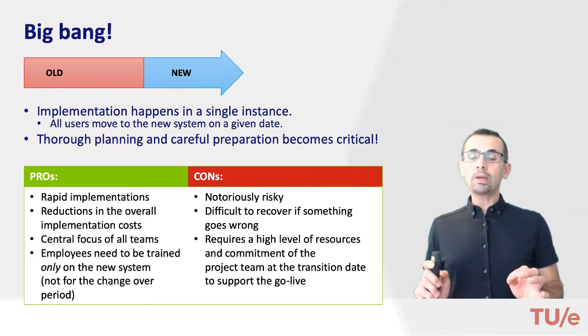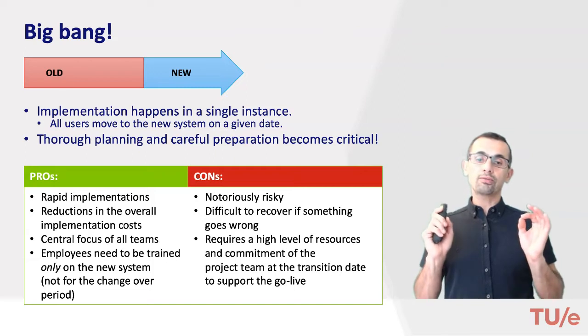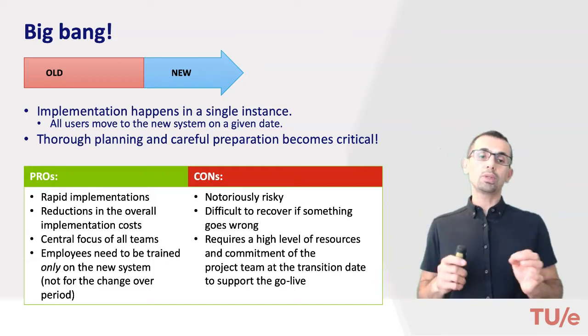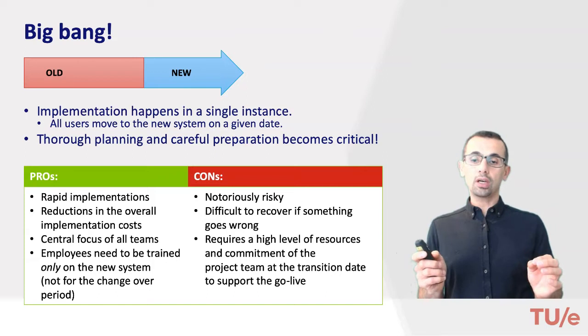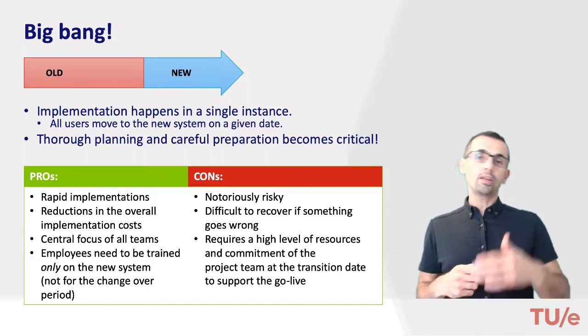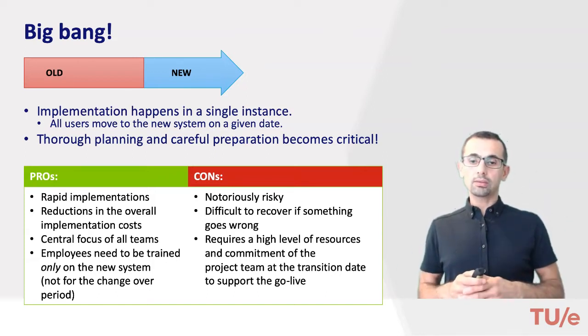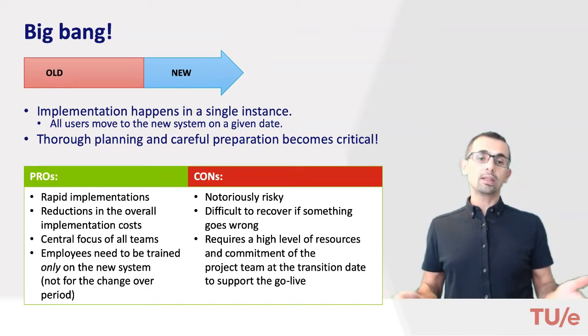So the Big Bang implementation strategy converts from the old to the new system within a relatively shorter period of time than if the project followed a phased or parallel approach. It's also likely that Big Bang transitions are technically simpler and have lower implementation costs.